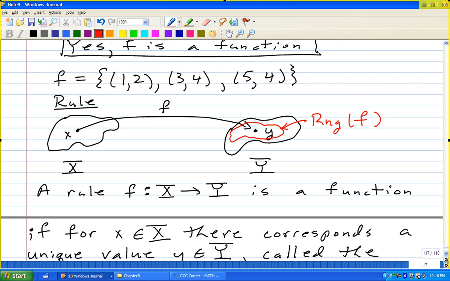I will call the set of all x's which have an image under the mapping f the domain of f.